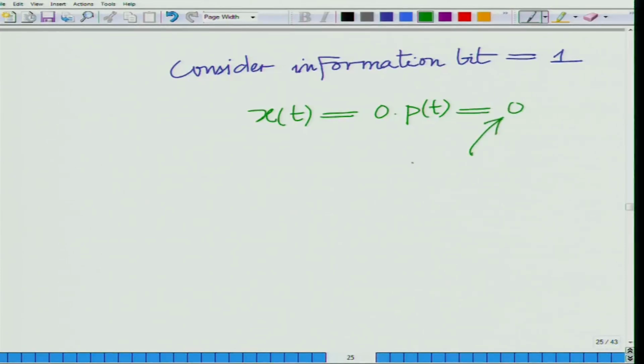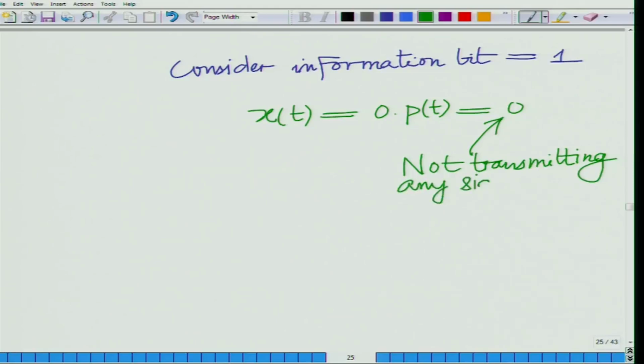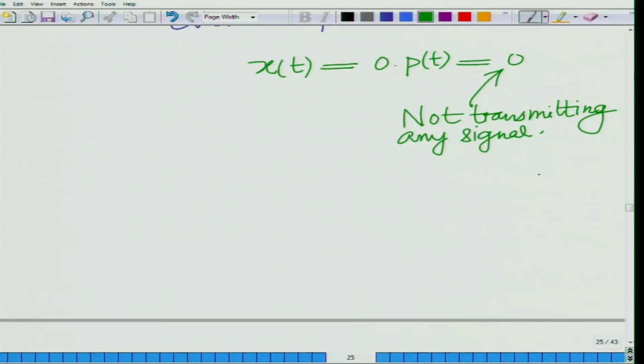So, you are not transmitting any signal, effectively not transmitting any signal. Okay. Now, therefore, what is R(t)?